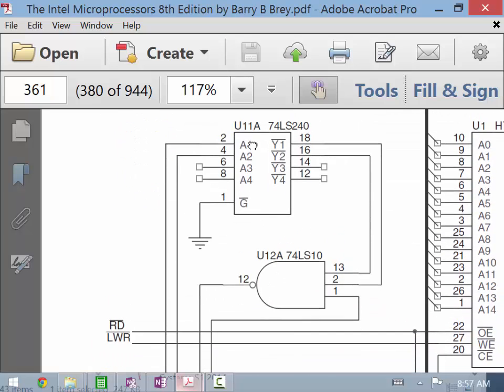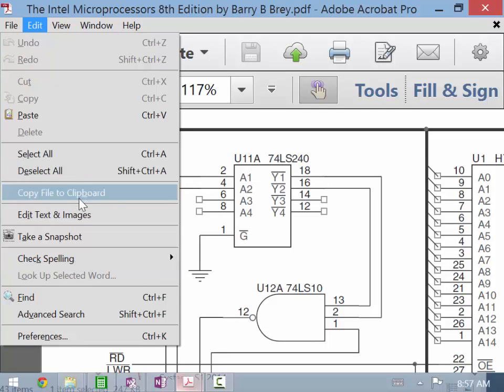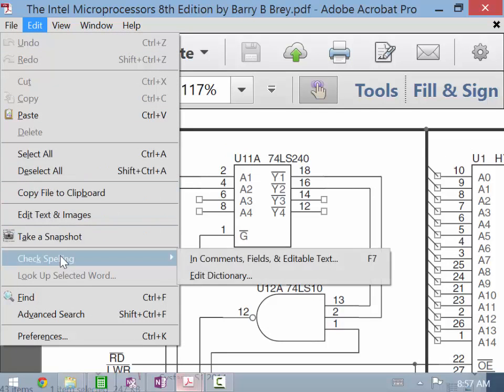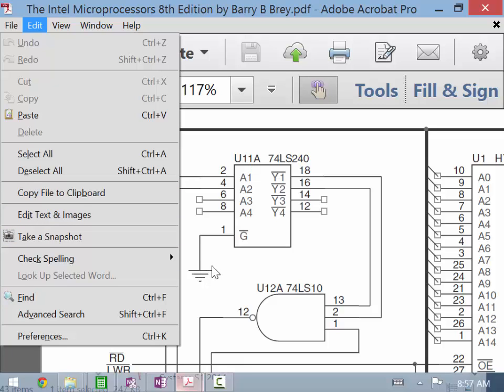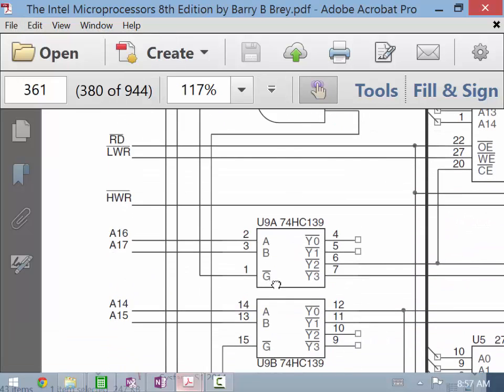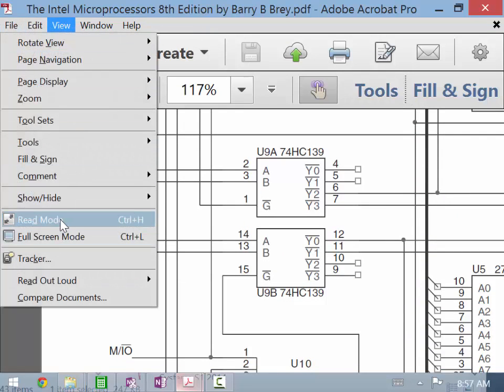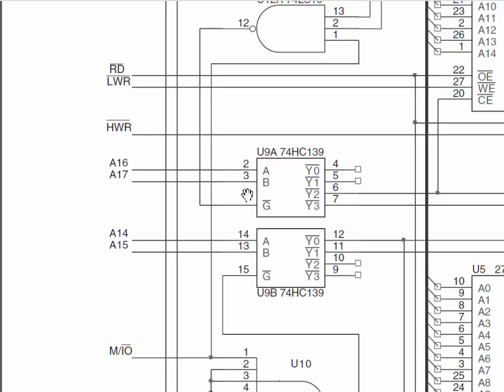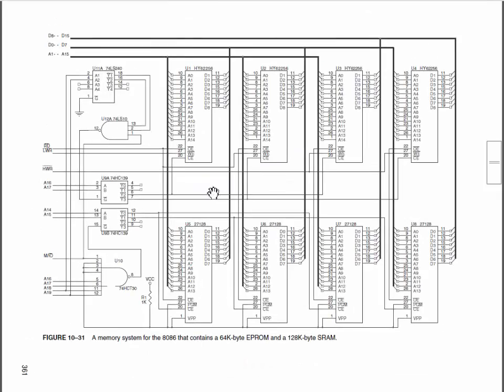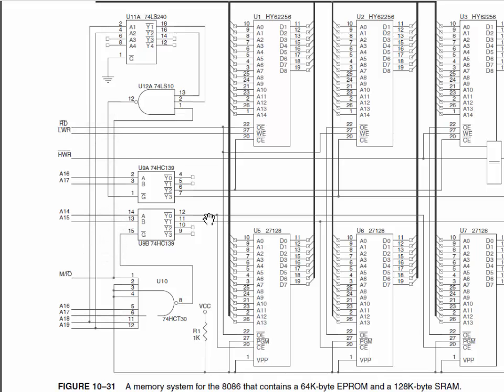There's no easy way of doing this. Okay, well let me just talk about what I wanted to do. There's no real easy way of just selecting this.